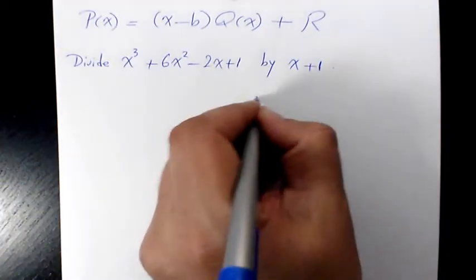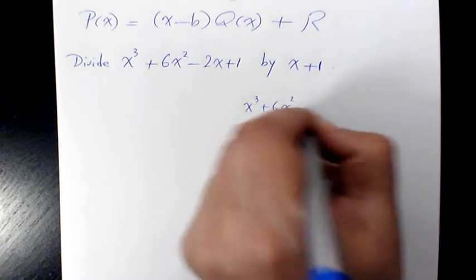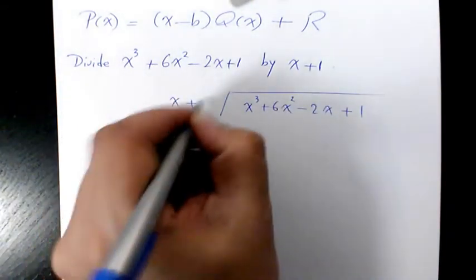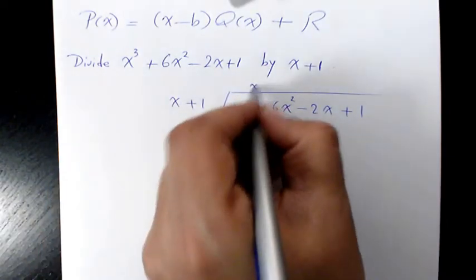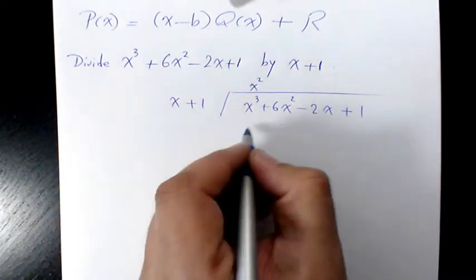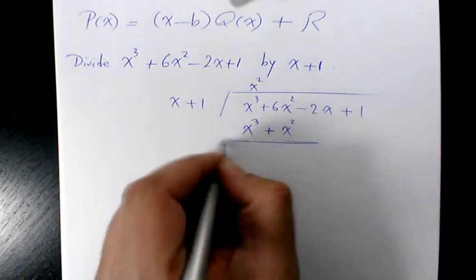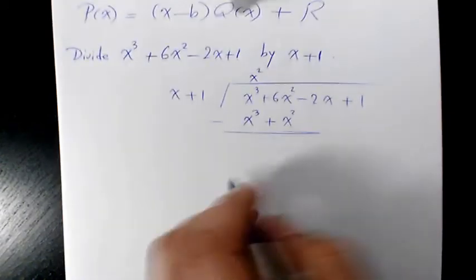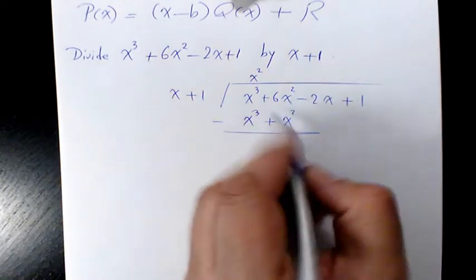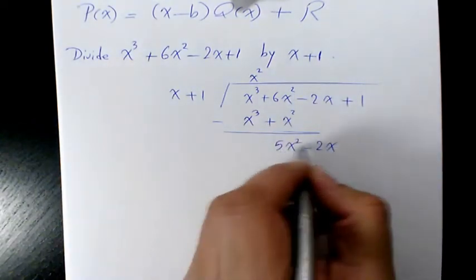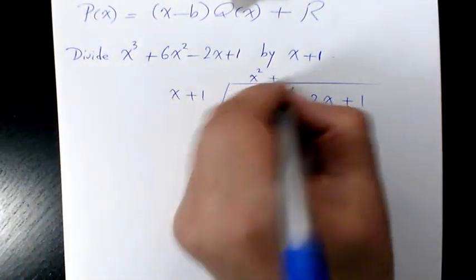We have x cubed plus 6x squared minus 2x plus 1 divided by x plus 1. x cubed divided by x is x squared. x squared times 1 is x squared. When you subtract them, these two cancel out, and 6x squared minus x squared is 5x squared minus 2x. 5x squared divided by x is 5x.